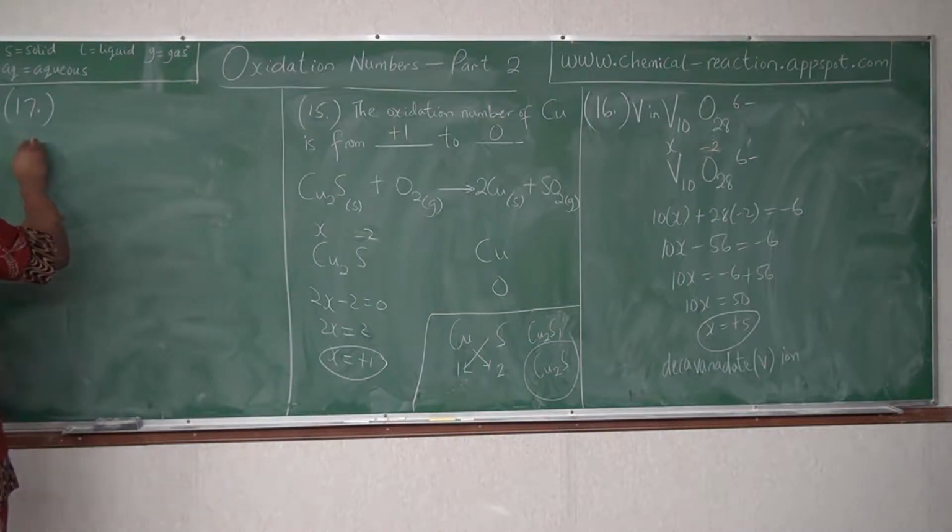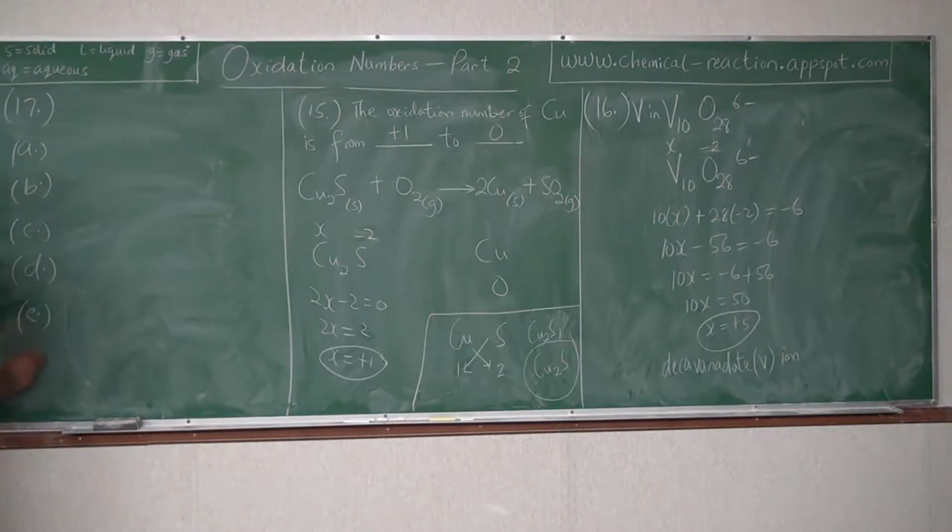So we have A, B, C, D, E, F. Question 17 has several parts. They want you to find the oxidation state of each element. We do it and then we name it.